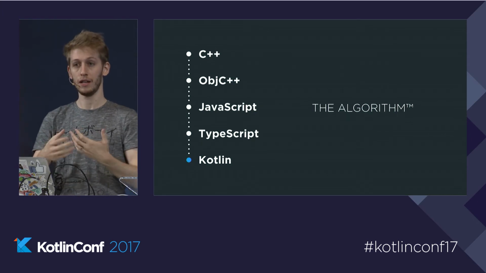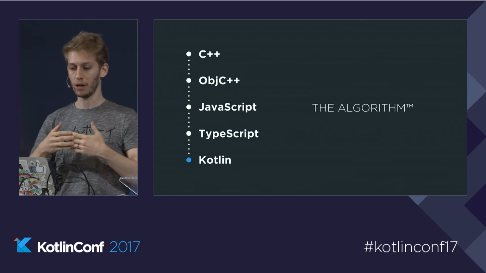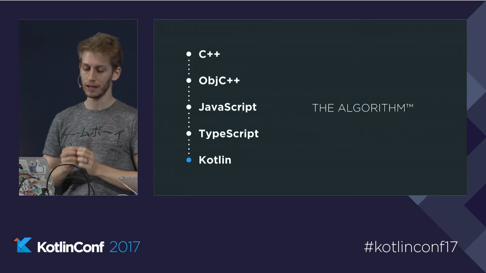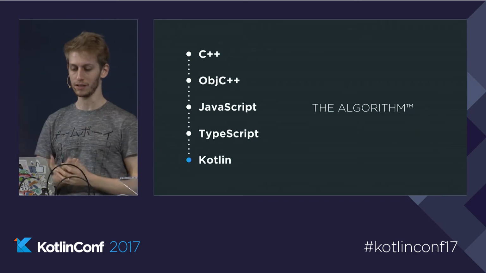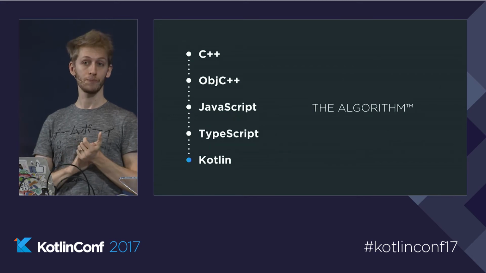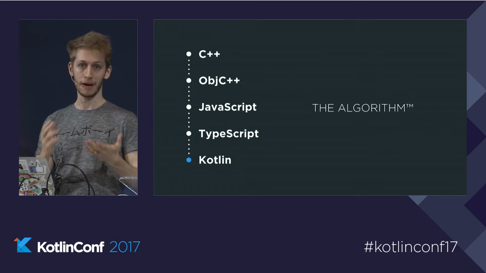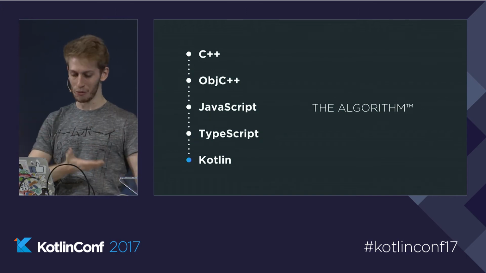So for the JVM, it is bytecode. For JavaScript, it is real JavaScript. There's no abstraction layer. There is a minimal runtime, but it's not like dynamic dispatch or any crazy stuff like that. So in theory, it's as if you're writing it by hand. It's as if you were manually rewriting everything every time, except you're not doing it, the compiler is doing it for you.